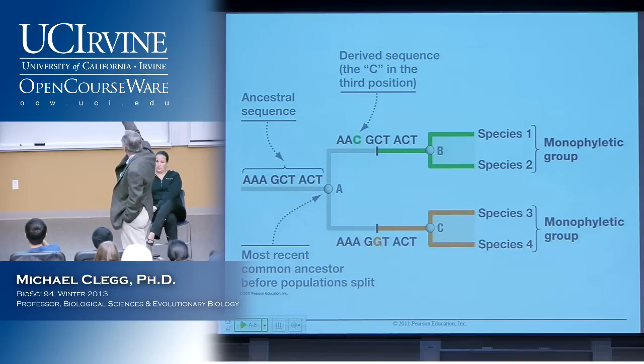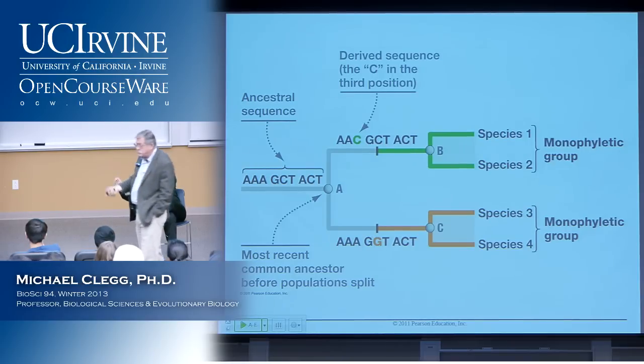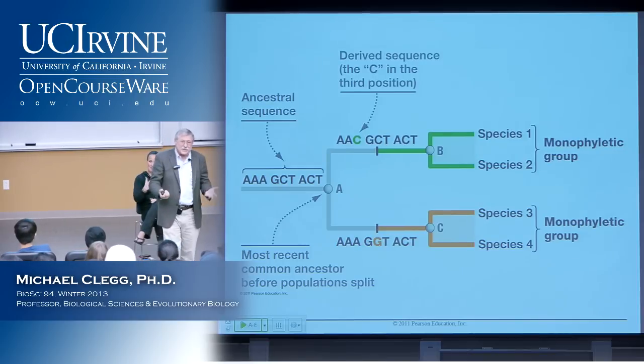And that mutation is shared by species 1 and 2, so that groups them together in history. On the other lineage, there was a mutation at the 5th position, a C to a G. And that G mutation is also shared by species 3 and 4. Okay, so that's the process.